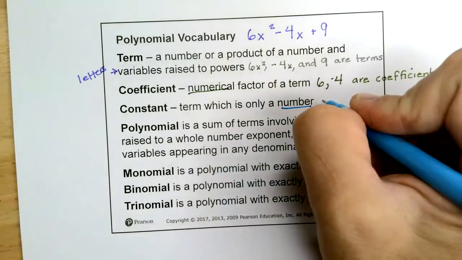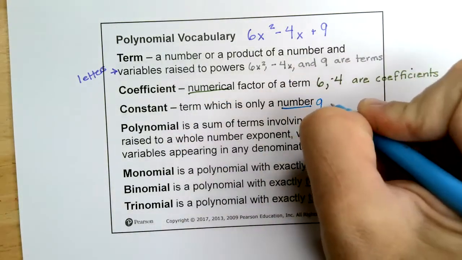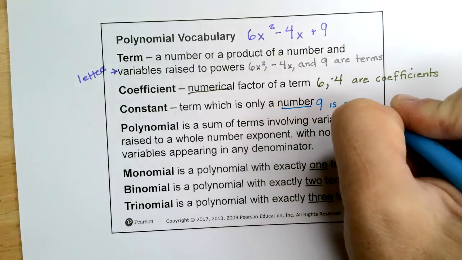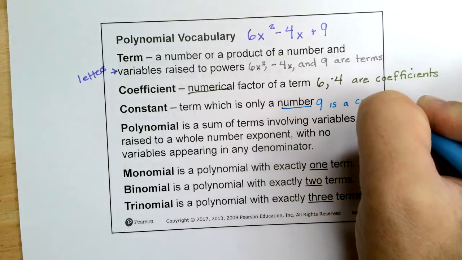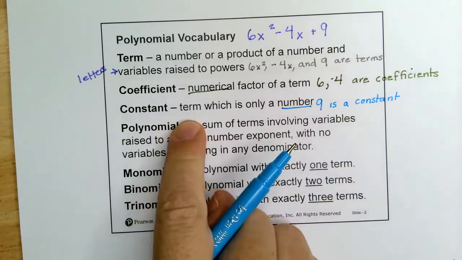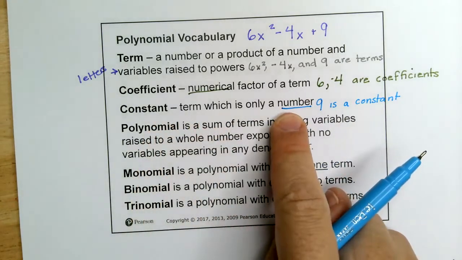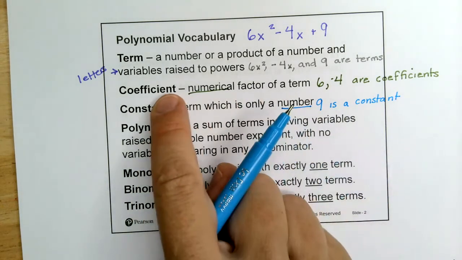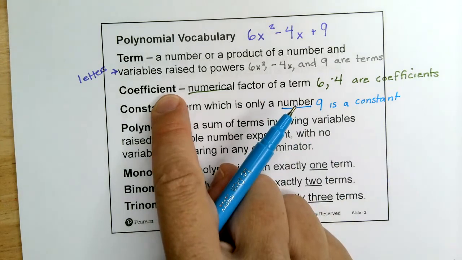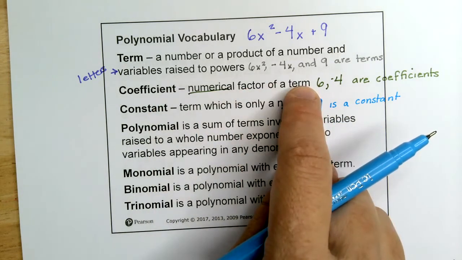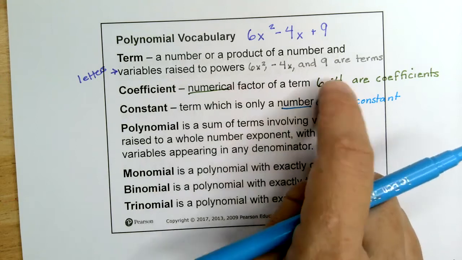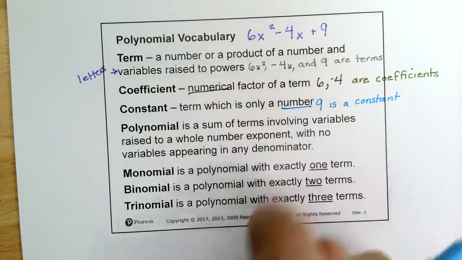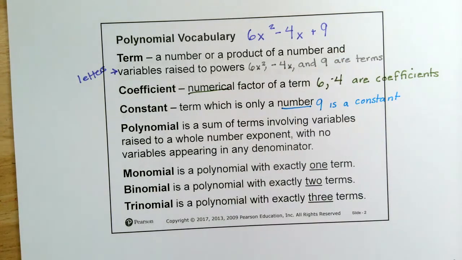I would call 9 a constant. A constant is a term that is only a number. I would only say this is a coefficient and this is a coefficient. 9 is a constant, the term that has only a number.